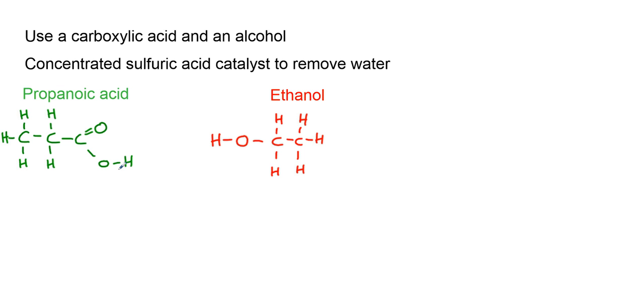Make sure they're facing each other, because what's going to happen in a moment, the alcohol is going to lose the H that it's got, and that's going to disappear, and the carboxylic acid is going to lose the OH that it's got. Now, once you bring them together and you lose the two H's and the O, that essentially makes H2O. And that's your water being produced from this reaction.